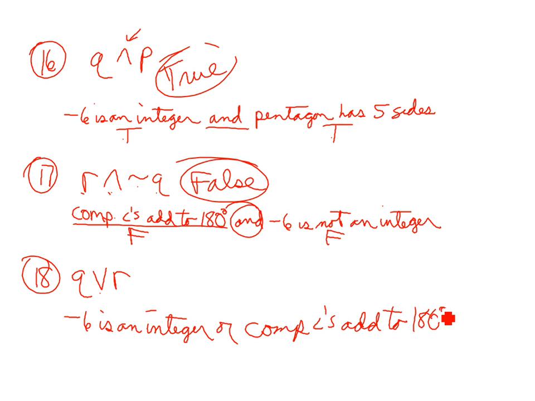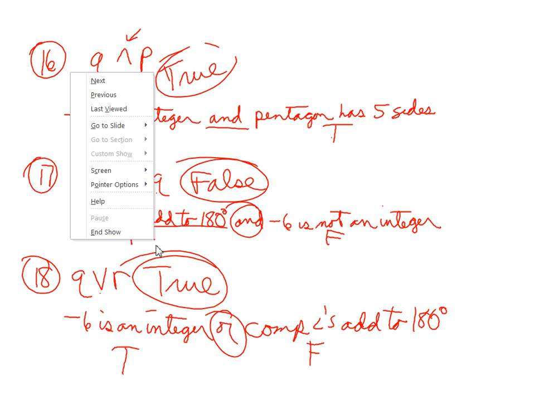Well, 6 is an integer, so that part's true. When it says or, only one part or the other has to be true for the whole thing to be true. So even though the second part's false, the whole statement is true.